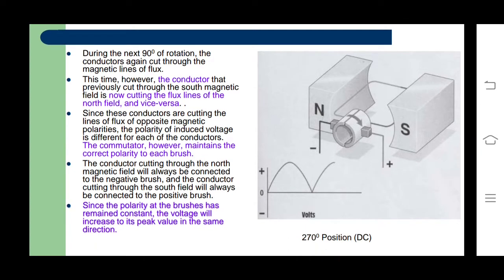During the next 90 degrees of the rotation, the conductors again cut through the magnetic lines of the flux. This time, however, the conductor that previously cut through the south magnetic field is now cutting the flux lines of the north field, and vice versa.